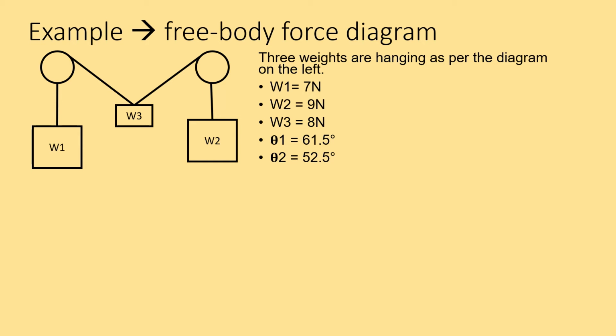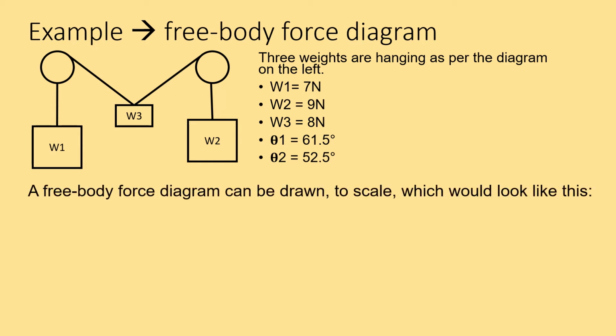Now, these are not in straight lines. You've got a weird situation where all of the weights, the forces, are acting downwards towards the center of the Earth. But if we consider the forces on weight 3, what's going to happen? Let's look at a free body force diagram drawn to scale, and that would look like this.